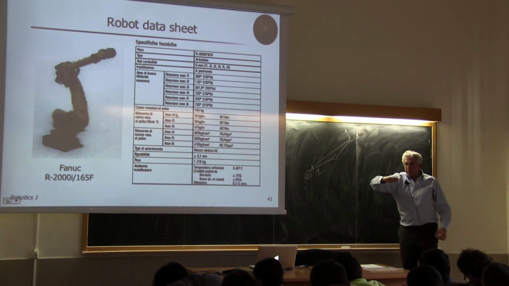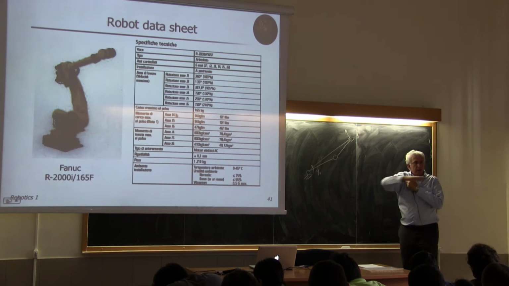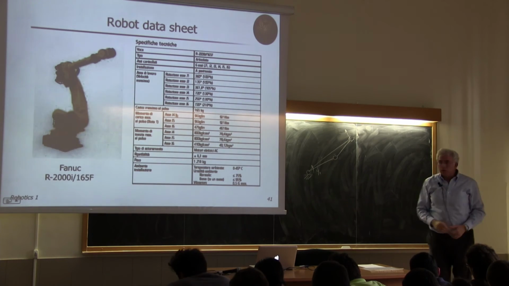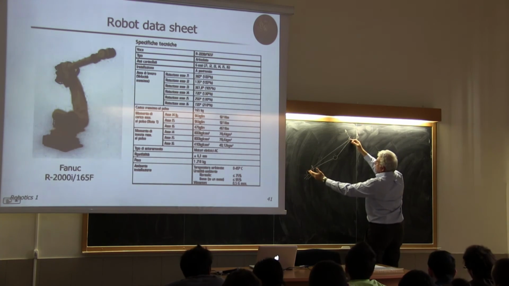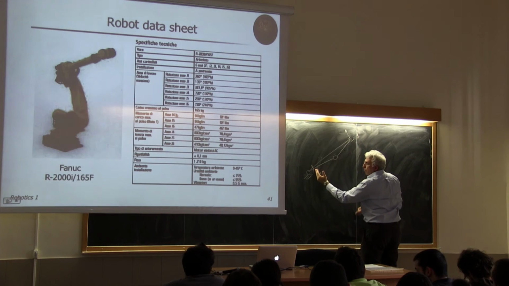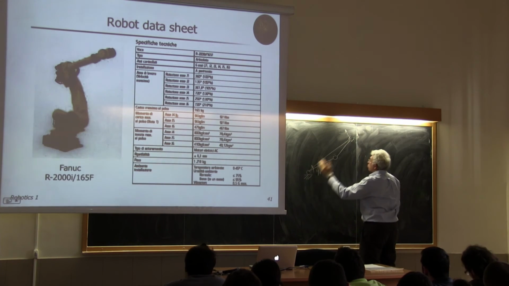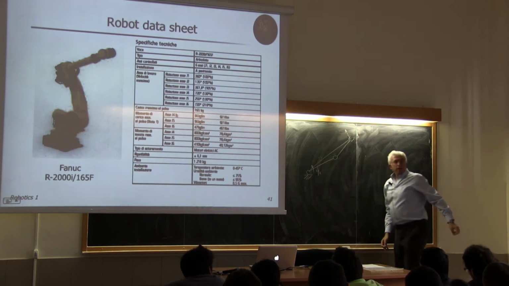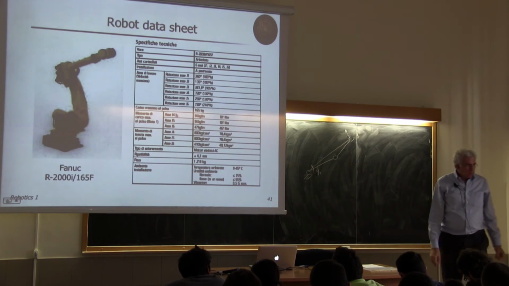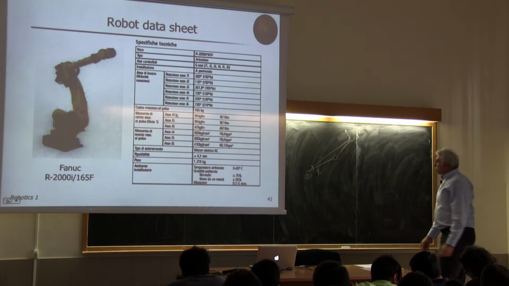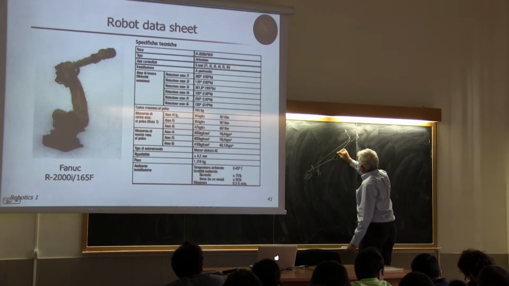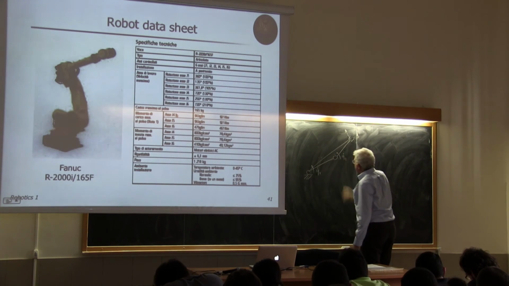So you have this configuration, you're moving this shoulder, and so you will have a contribution. Of course, the farther away, the same amount of angular velocity of this joint will produce a larger end effector velocity. Okay?